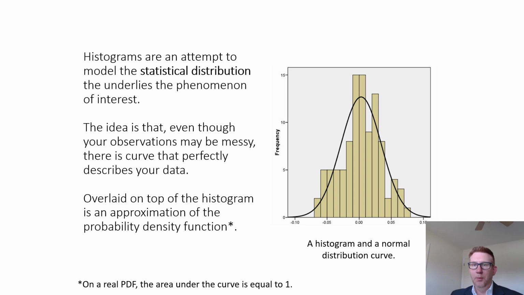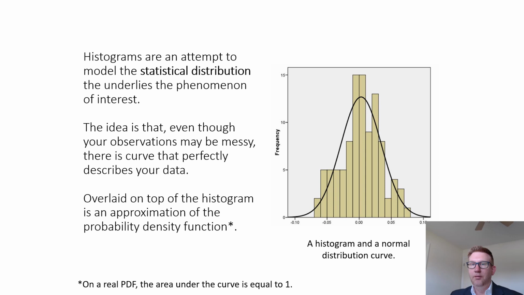So for instance, if we make a histogram of normally distributed random numbers, in this case with a mean of 0 and a standard deviation of 0.03 or something, we might get a histogram that looks something like we see here. Those irregularities, we want to say, are not real. That's just how the dice were rolled this time, but if we rolled the dice again, it would come out a little bit differently.